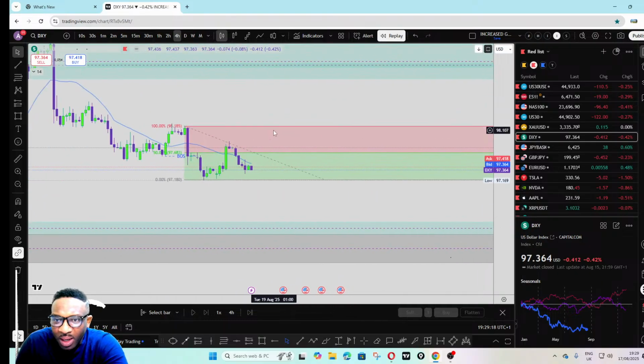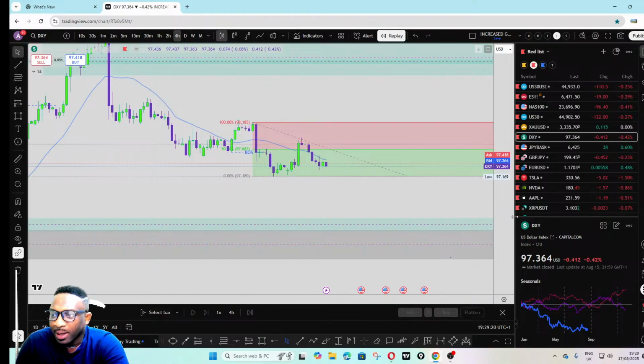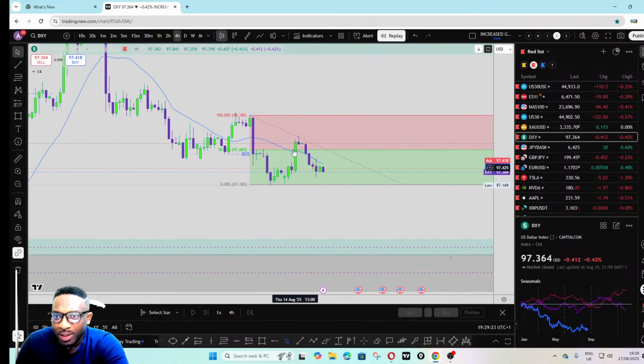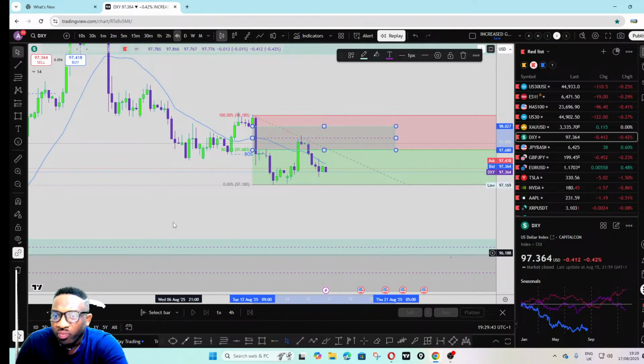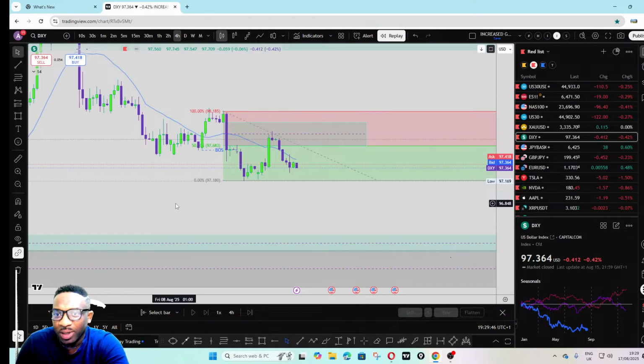Also you may say that this hasn't been fully filled. So let me take this. Okay, if probably it might be clearer. So let's mark the imbalance area, where I have been saying that at least if you get price tapping into halfway of the imbalance, that's a good sign.